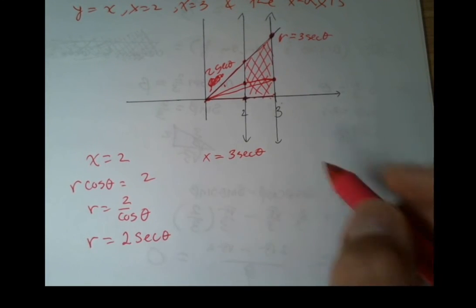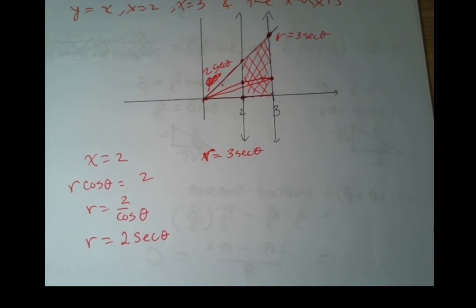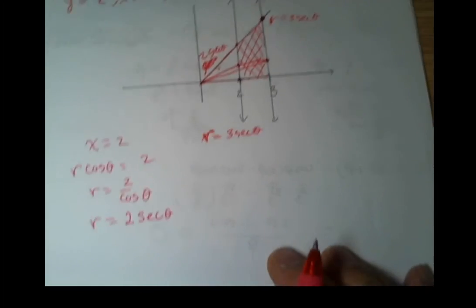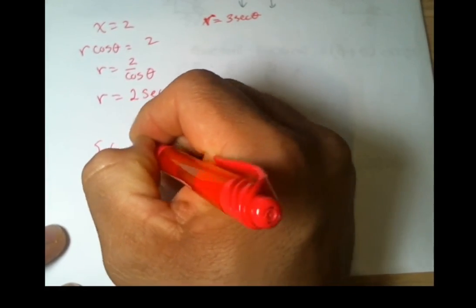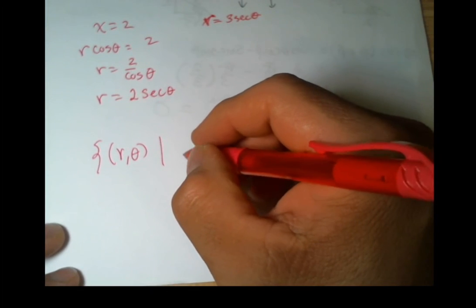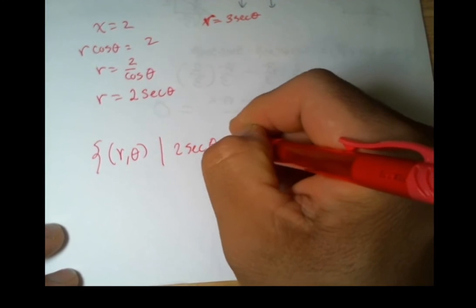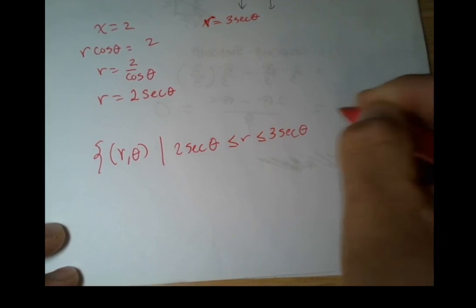So we could see here in terms of our set builder notation, which I'll draw down here, we'll have (r, theta) such that r is bounded on the lower end by 2 secant theta, on the higher end by 3 secant theta.